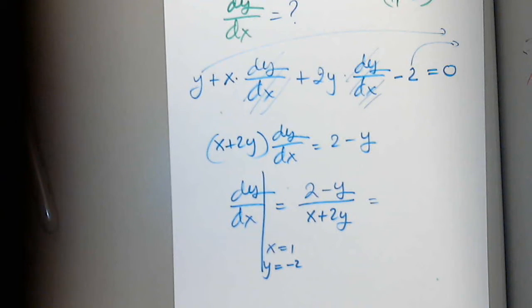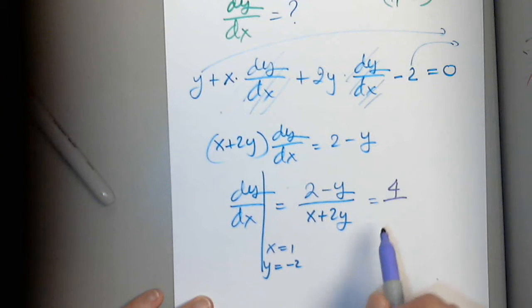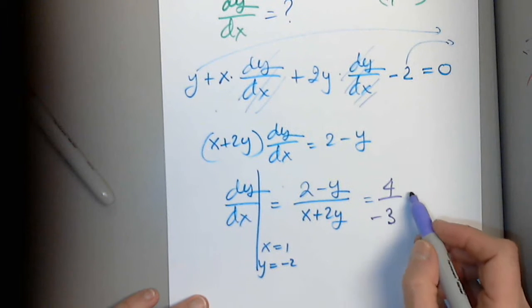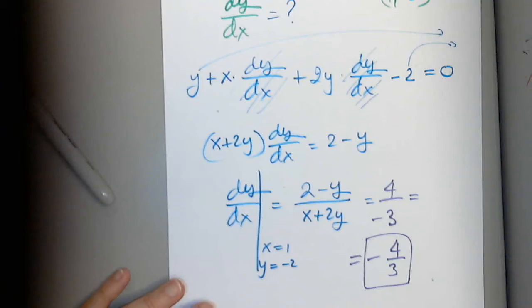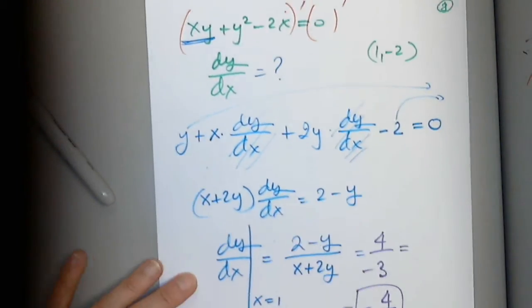Any questions before we evaluate? So ready to evaluate? So the top is 2 minus -2. So the top is 4. The denominator is 1 minus 4, which is -3. So the answer is -4/3 will be the slope of the tangent line to the graph of whatever this is at this point.